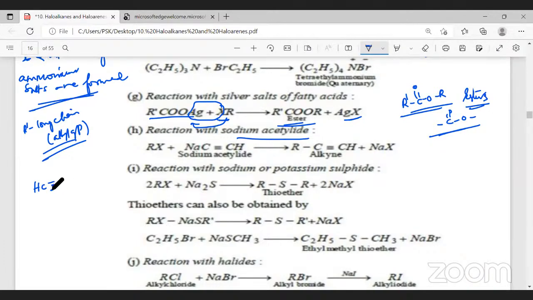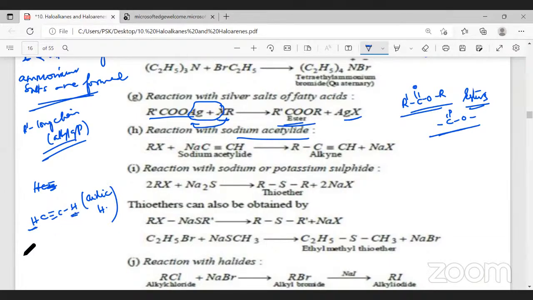What are alkynes? Molecules in which we have a minimum of one carbon to carbon triple bond are called alkynes. This is ethyne. Now, hydrogen atoms attached to a carbon containing a triple bond are called acidic hydrogen. The character of these hydrogen atoms bonded to a carbon containing a triple bond is acidic.